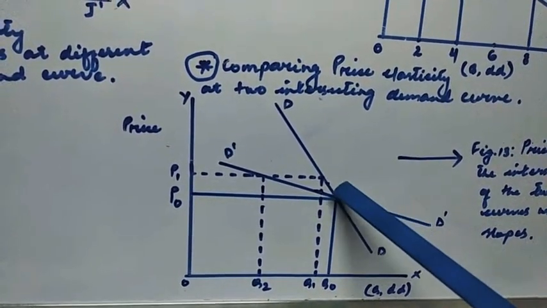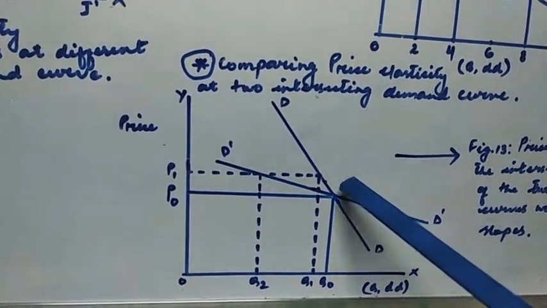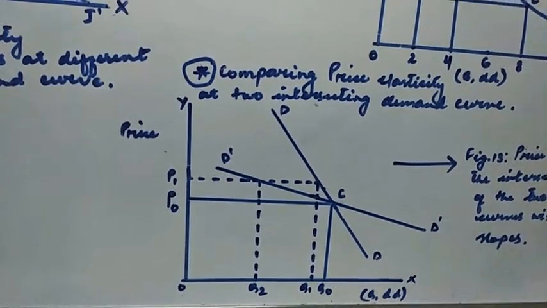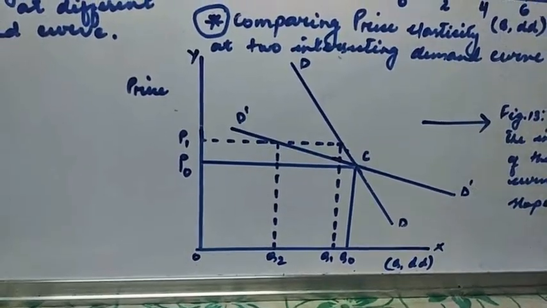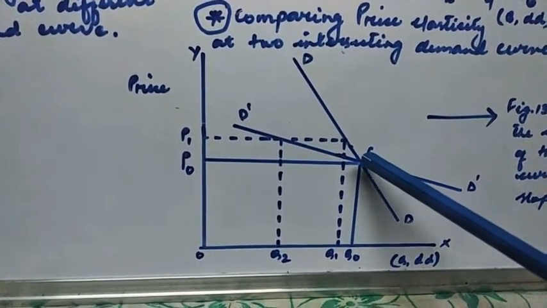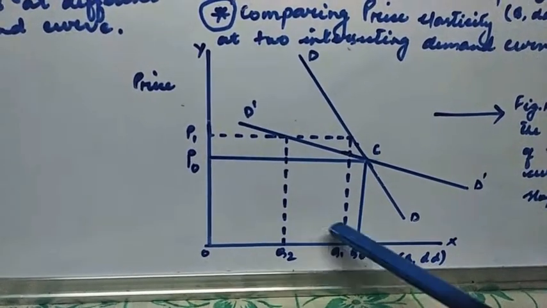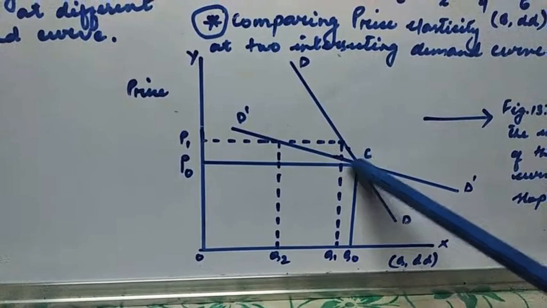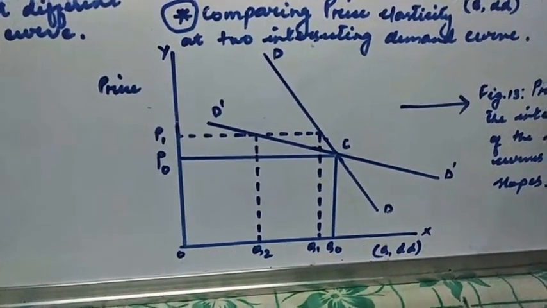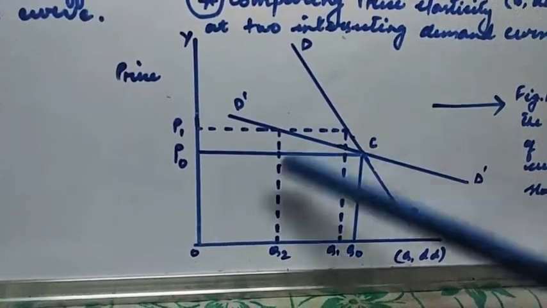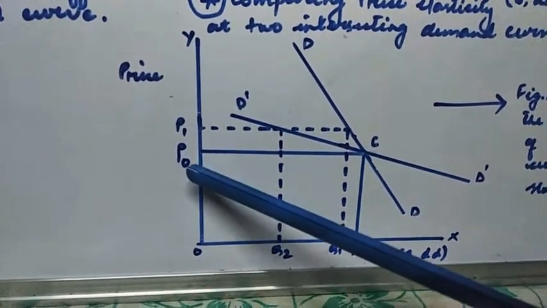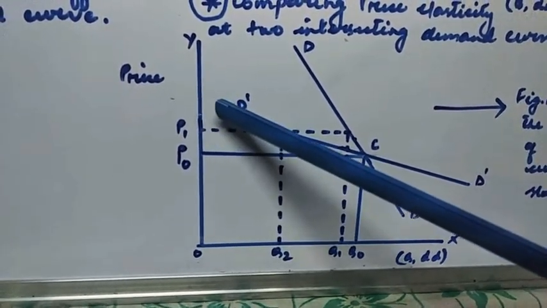So at point C, what do we observe here? Quantity demanded is OQ0. Quantity demanded at this point is OQ0, and the price at this intersecting point is OP0. Let us suppose that the price of the commodity rises from OP0 to OP1.